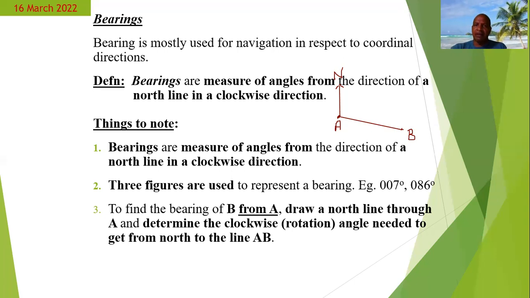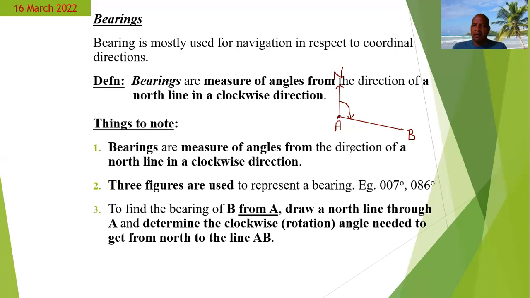All right, so once we have drawn the line AB, then the next thing that we have to do now is to measure your bearings in a clockwise direction. So if you notice that the arrow is pointing in the direction coming from the north line to the line AB. So that is where you would have to measure the angle.